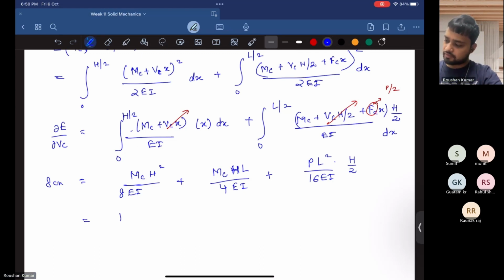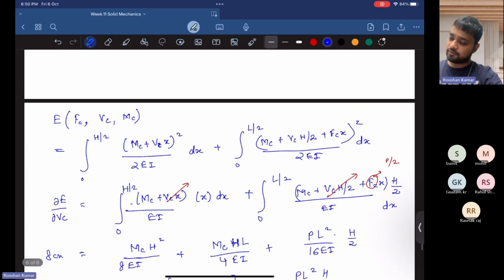MC h square upon 8 EI, so we will take MC h upon 4 EI as common. This will become h by 2 plus L, plus P L square h upon 32 EI.